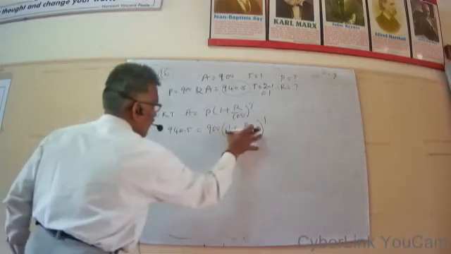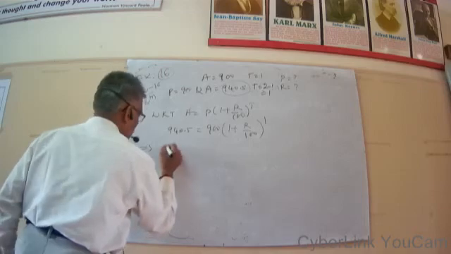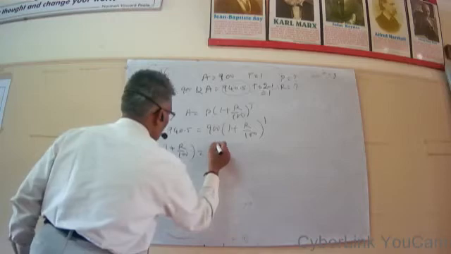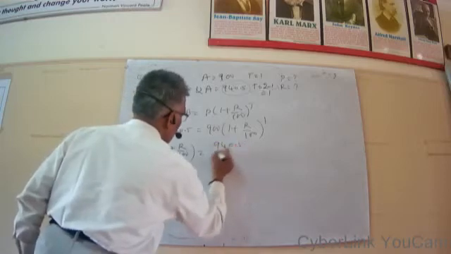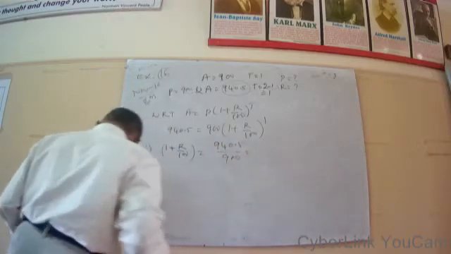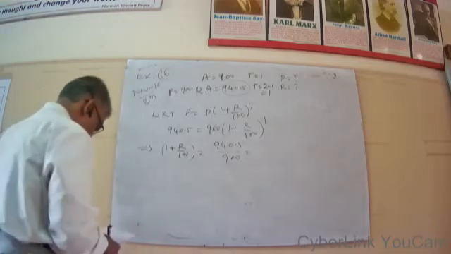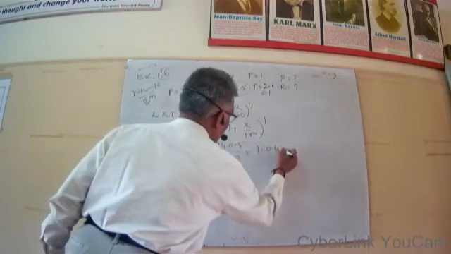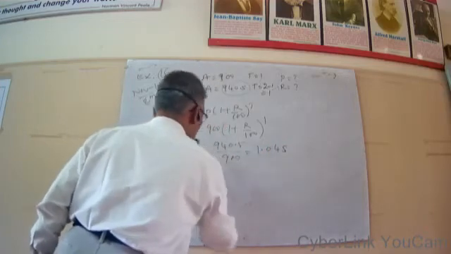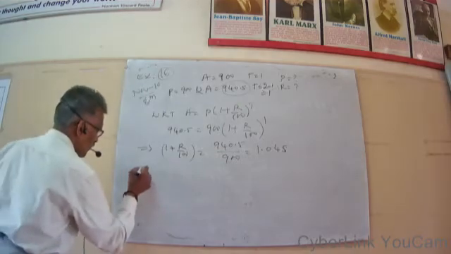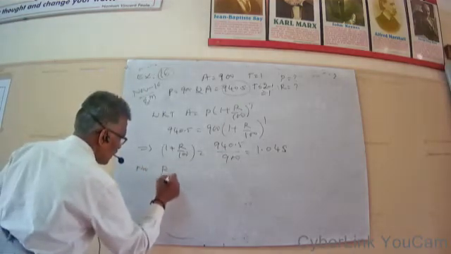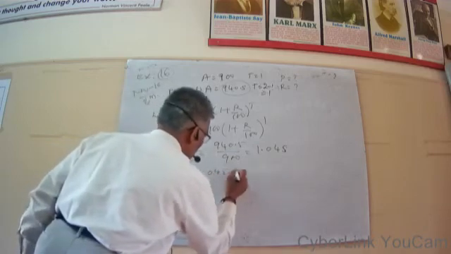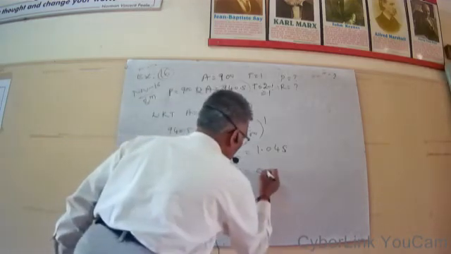This implies, take this to this side, then 1 plus R upon 100 equal to 940.5 divided by 900. If you do this, the answer is 1.045. This equal to 1 plus R upon 100. Now this implies R upon 100 equal to 1.045 minus 1, that is equal to 0.045.